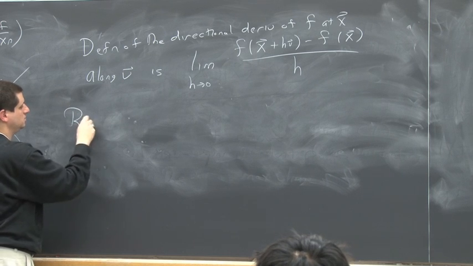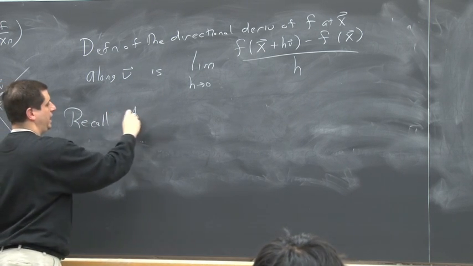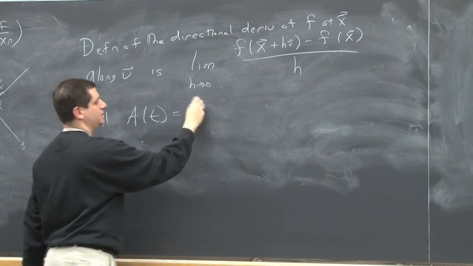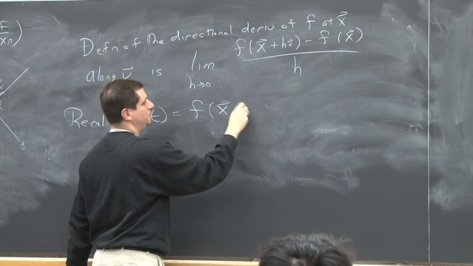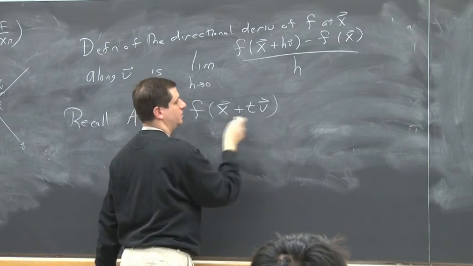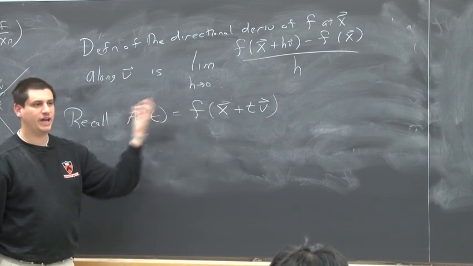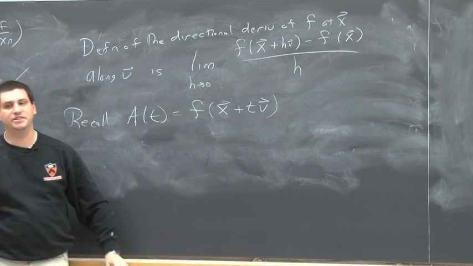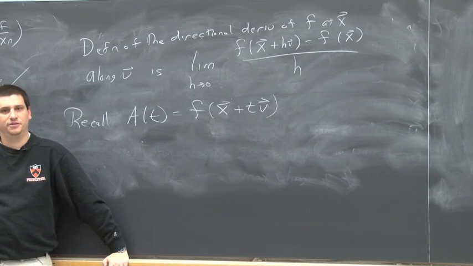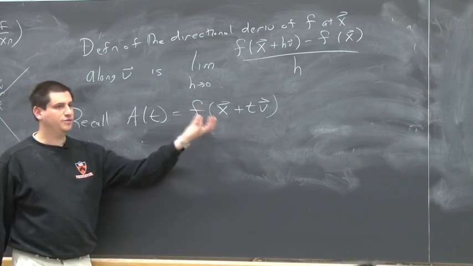So recall, a of t is f of x plus tv. Which calculus class teaches you how to take the derivative of this function? Where would you see how to take the derivative of a function like this?